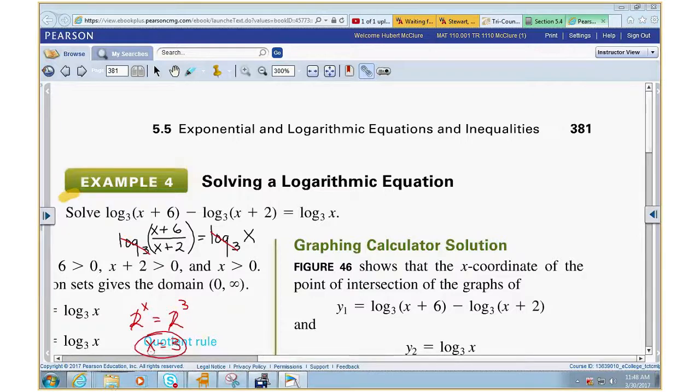Well, this applies here because you have the same base and they both equal each other, so therefore you just set the arguments equal to each other.